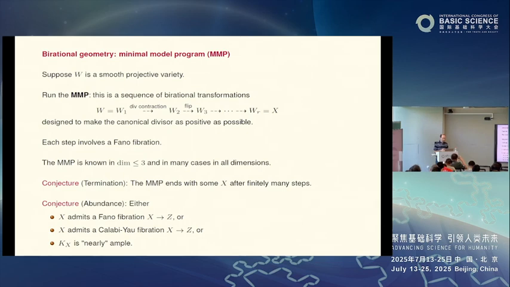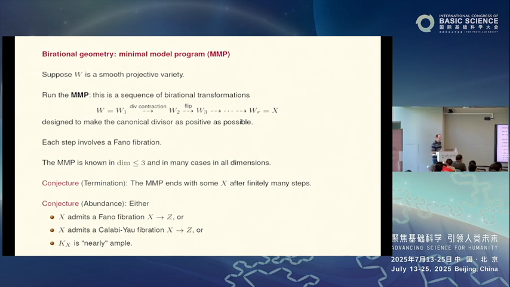Then the minimal model program is basically a step-by-step program which transforms our space W birationally until at the end it gives you a space which, in some sense, has a richer geometry, or a more special geometry than the original one. So in the case of surfaces, in dimension 2, these steps just contract curves every time, which are called -1 curves.